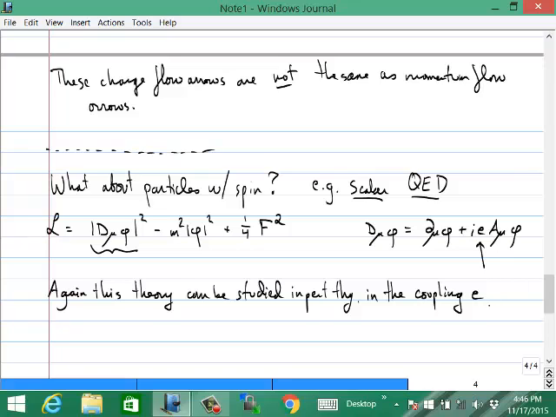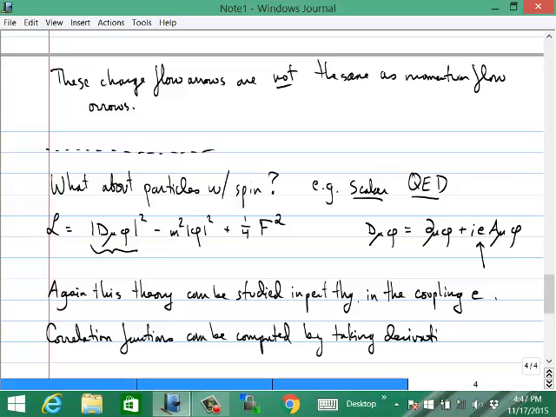And in principle, for example, correlation functions can be computed just as they were for the real and the complex scalar field by taking variational derivatives of an appropriate generating functional.